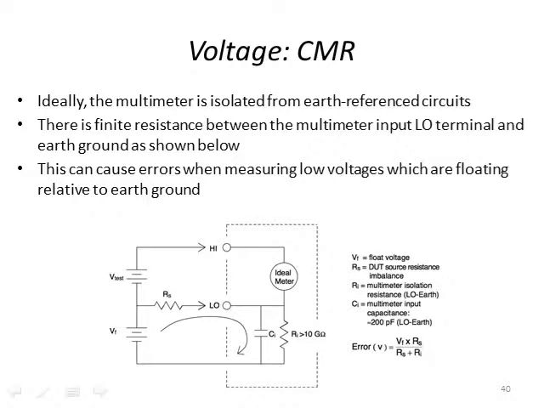Now, if you're not careful, there can be a float voltage, which is represented as VF, that can give you a finite error in the measurement voltage, okay? And so again, in this case, for the voltage error that you get, you want to have Ri as large as possible to offset these floating voltages relative to the earth ground of the instrument.